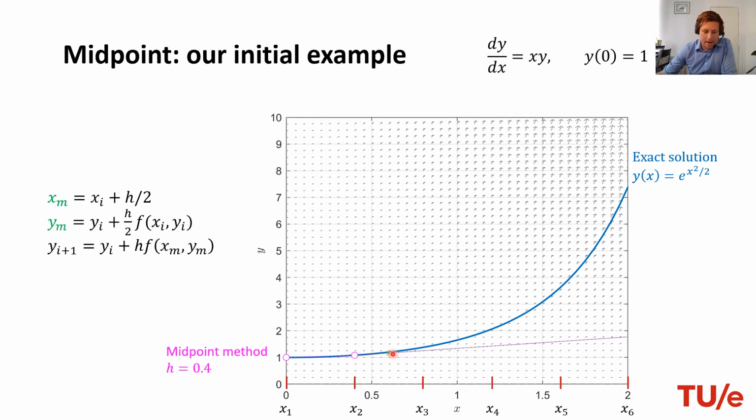We identify this midpoint over here using these two formulas, and then we evaluate the slope at the midpoint. We draw a line corresponding to the slope at the midpoint, and then our new solution will be where this line crosses x is equal to x3. So that will be over there.